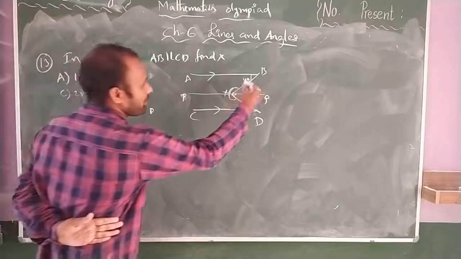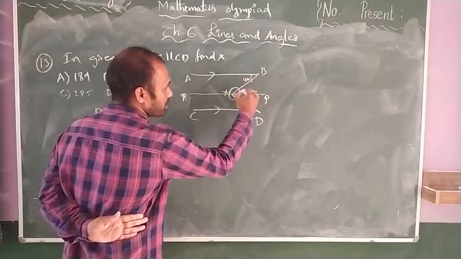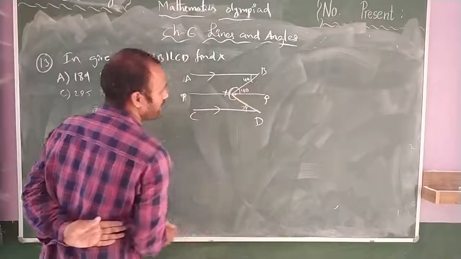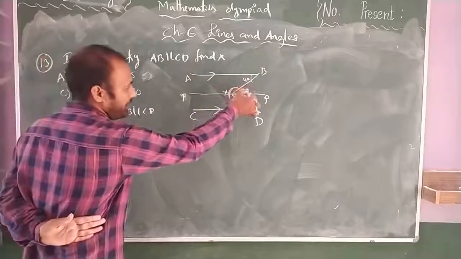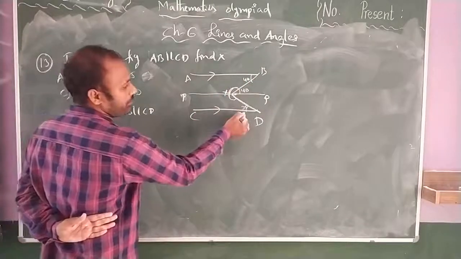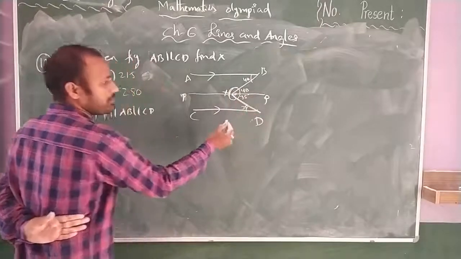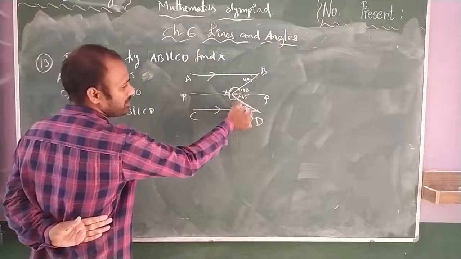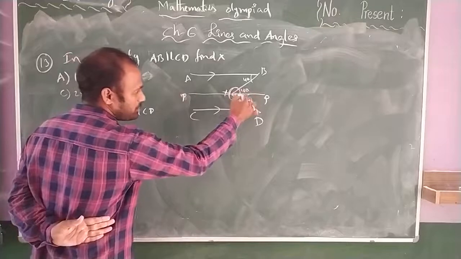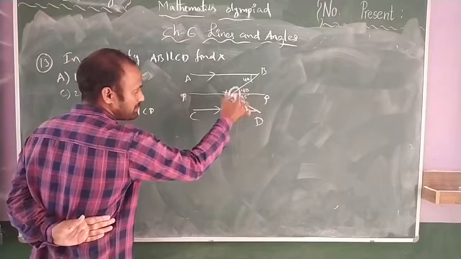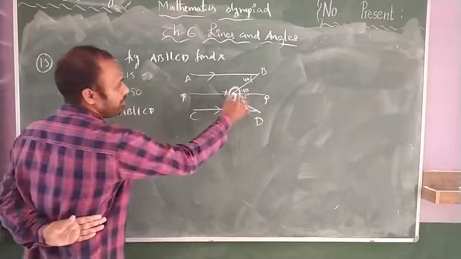Next, if you observe here, if this is 40 degrees, this also will be 40 degrees. Why it is 40 degrees? Because of alternate interior angles. So here if it is 35 degrees, here also 35 degrees. The same concept, these two are alternate interior angles. So total at a point, it will be 360 degrees.